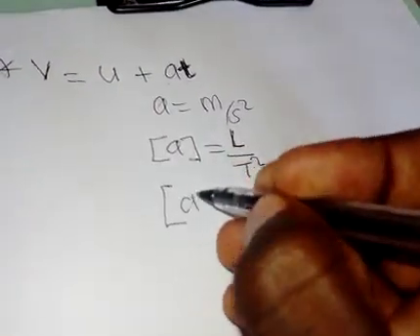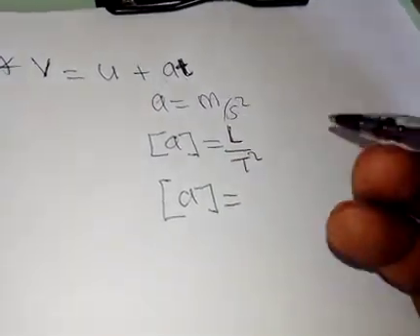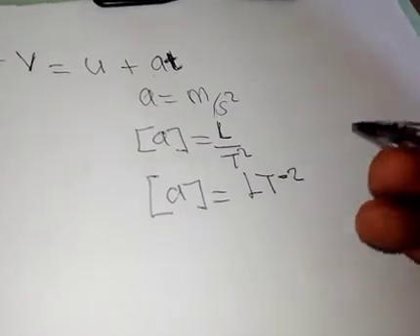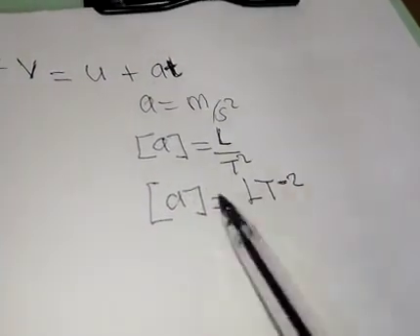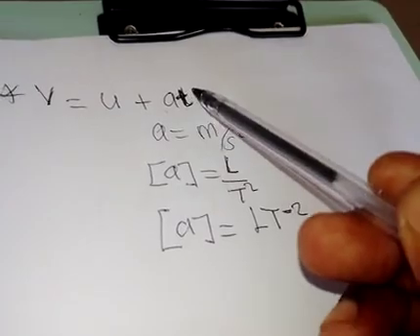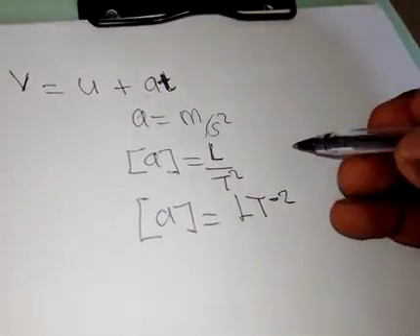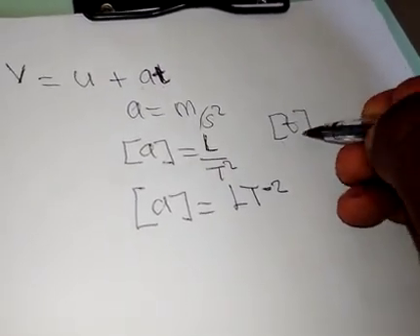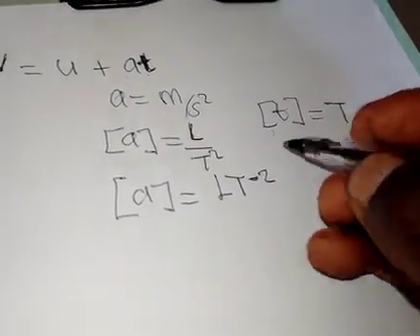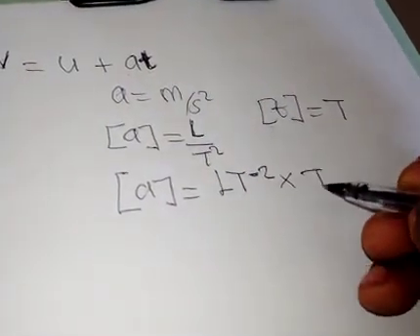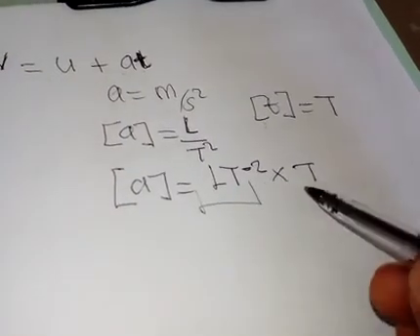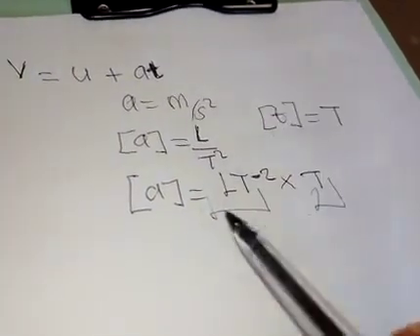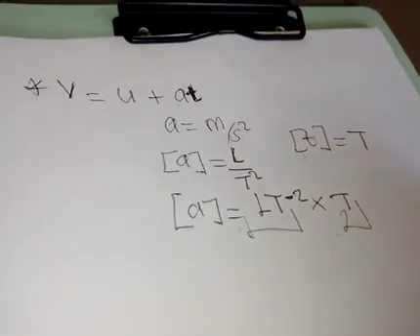So the dimensions of acceleration equal L over T squared, which is LT to the power negative 2. Then what about time? For time, the dimension is just capital letter T. Then we are multiplying acceleration and time. These have different dimensions, yes, so they can be multiplied.